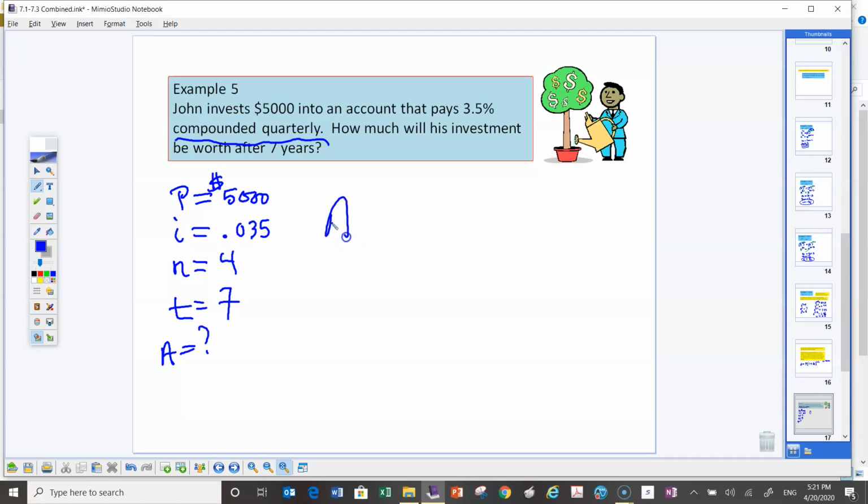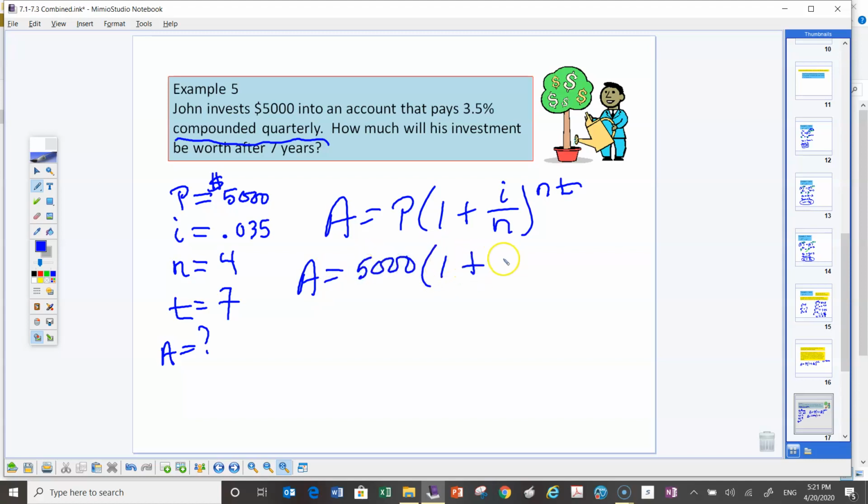So my formula is going to be A equals P(1 plus i divided by n), all raised to the n times t. So my principal amount is 5,000 times (1 plus 0.035 over 4), all to the 4 times 7.